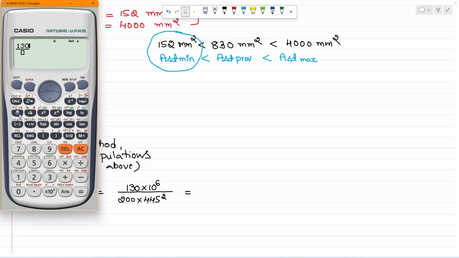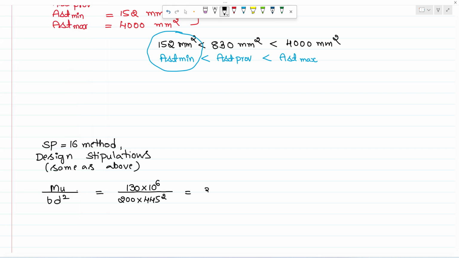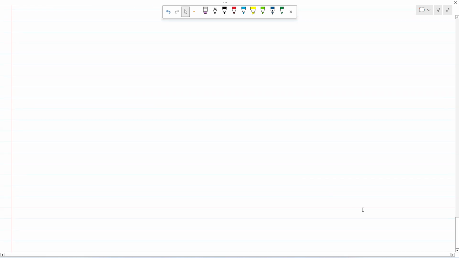So 130 into 10 power 6 divided by 200 into 445 square. So it will be 3.28. So this is your Mu by BD square value.